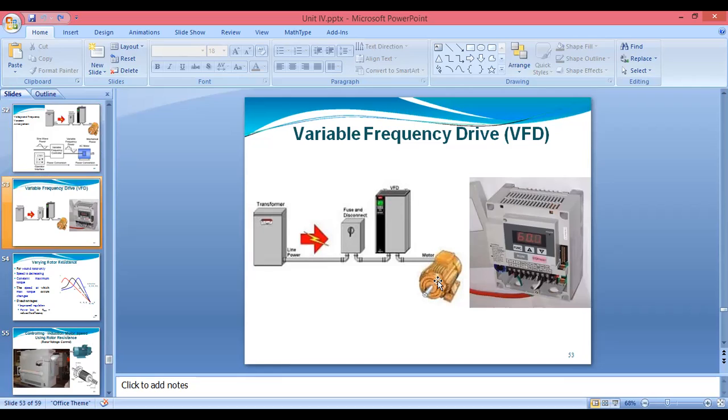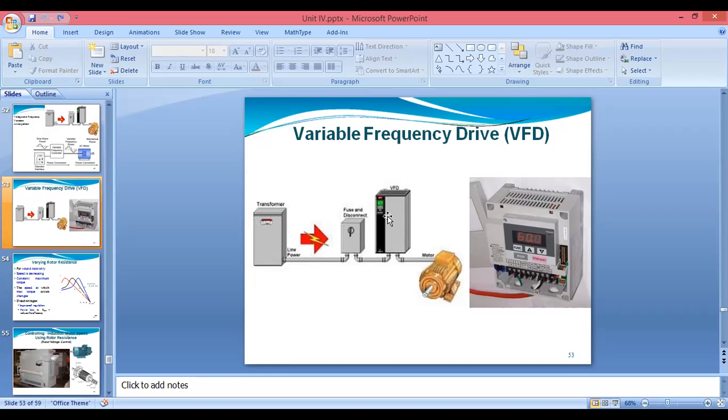So when we give the power supply to the three-phase induction motor, and change the frequency by using the variable frequency drive, the synchronous speed will change with the supply frequency, and there will also be changes in the speed because we have the formula Ns equal to 120 f upon p. तो जैसे फ्रीक्वेंसी का वैल्यू चेंज हो रहा है, we can say the value of speed will change.